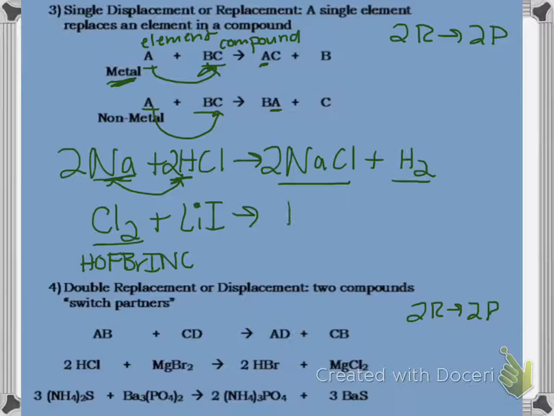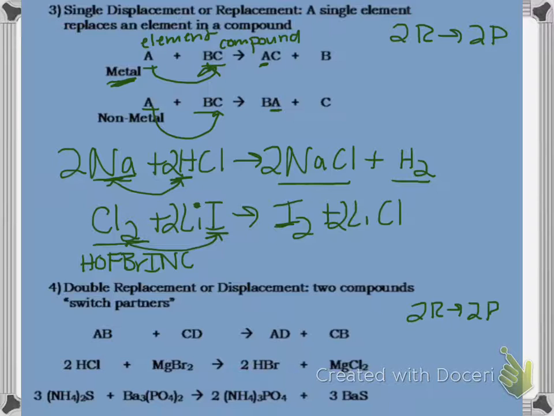That would give us I2 plus LiCl. I would need 2 of these and 2 of these to balance the reaction. So the Cl traded places with the nonmetal, the iodine, and so then the iodine is now by itself and the Cl is in the compound.